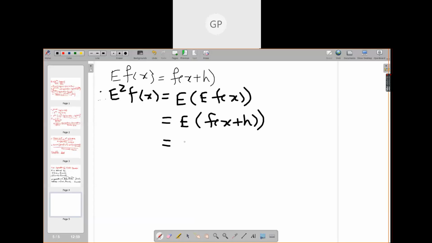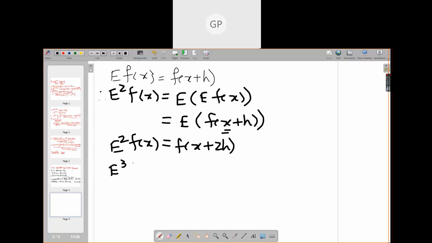What is E fx? F of x plus h. So what is E f of x plus h? Because x will be shifted to x plus h, x plus h will become x plus 2h. So E square fx is f of x plus 2h.